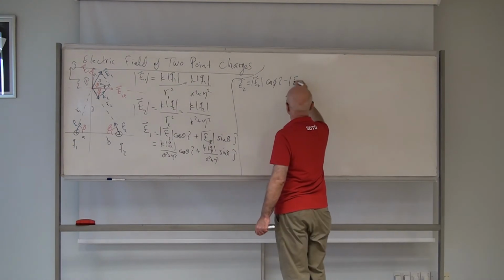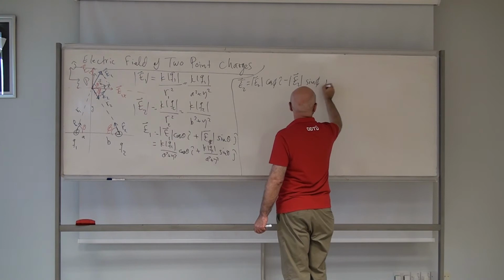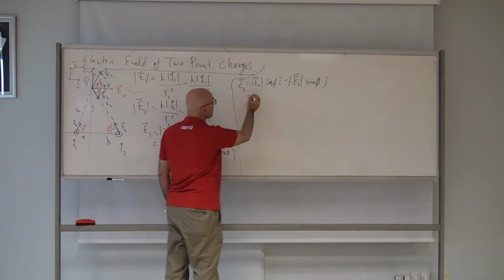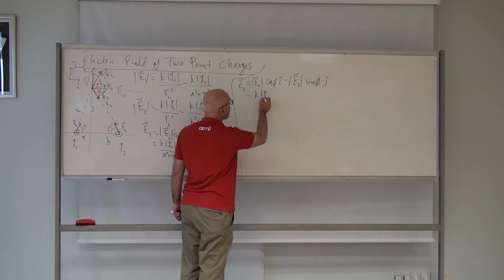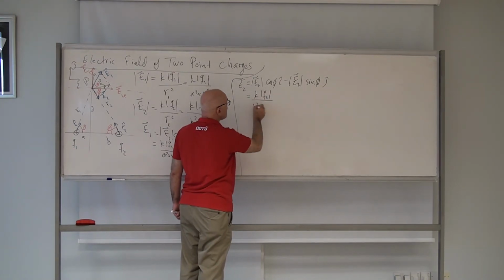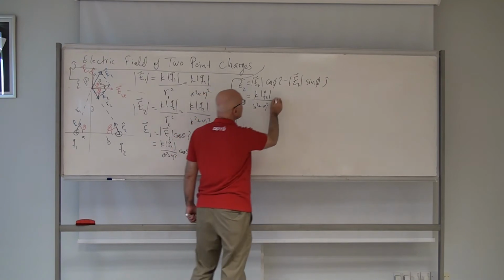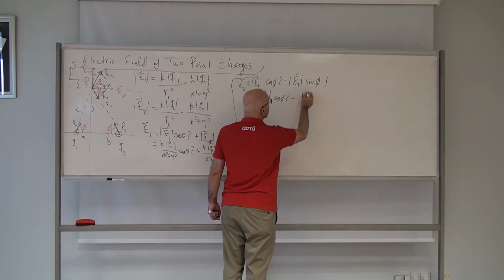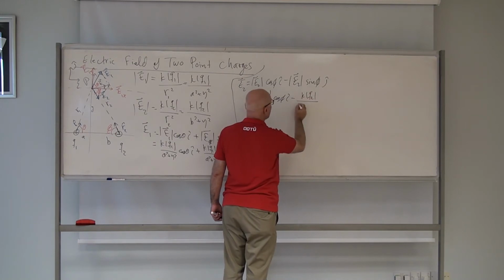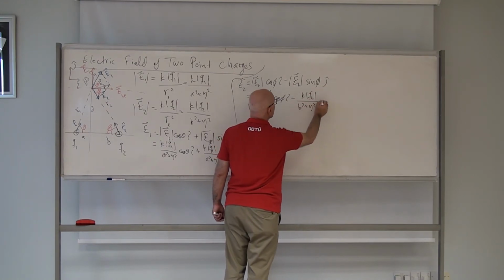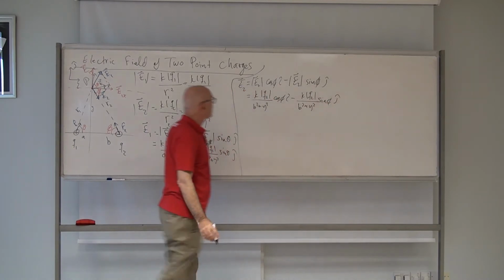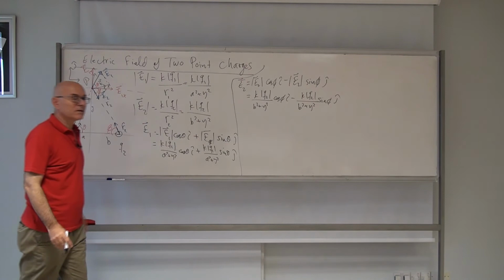So it will be minus E2 sine phi j hat. And now I substitute for E2: k Q2 over b squared plus y squared cosine phi i hat minus k Q2 over b squared plus y squared sine phi j hat. This is your E2.